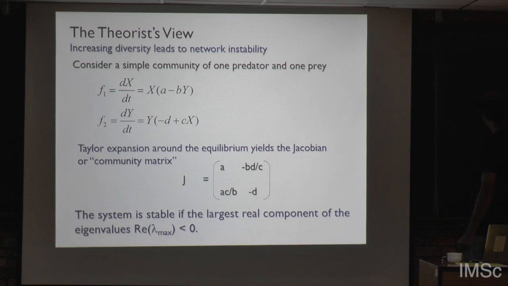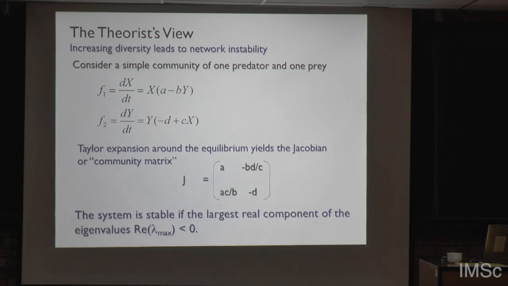Let us call this x naught and y naught, and now suppose there is a small decrease in the population of the plant species. So x, instead of being x naught, has decreased by an infinitesimal quantity delta x. What you are interested to know is how will this perturbation evolve over time.